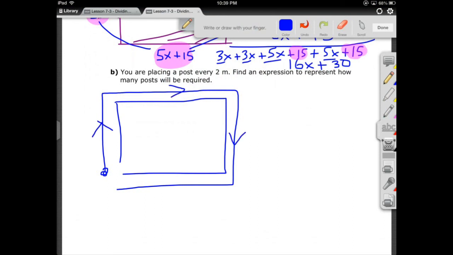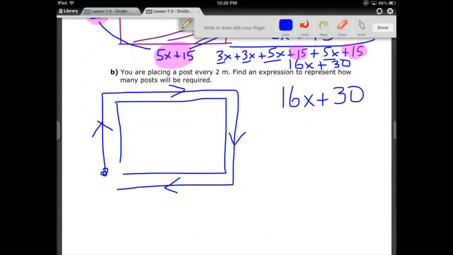What we found out is that entire journey is 16x plus 30. Now, this is in meters. So I'll just say in meters.